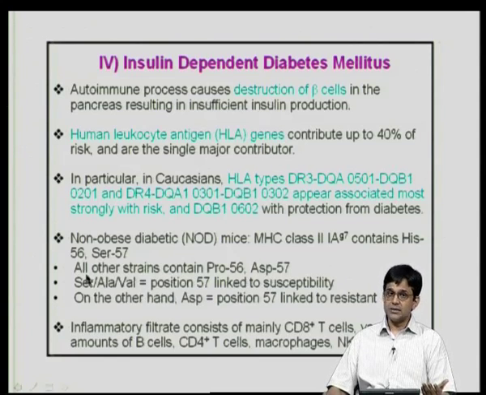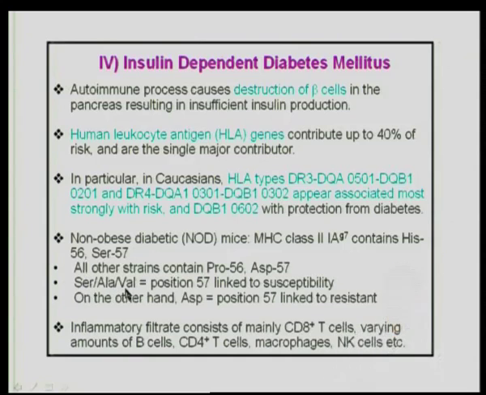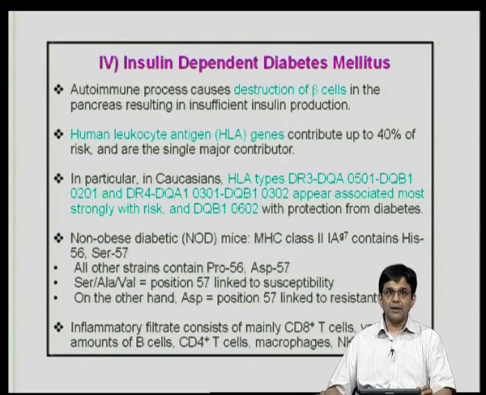In fact, what has been shown is that a serine, valine or alanine at position 57 is linked with susceptibility. On the other hand, aspartate is linked with resistance. So, you can see a single residue in MHC class 2 is important in determining susceptibility to diabetes or resistance. So, a very important aspect.